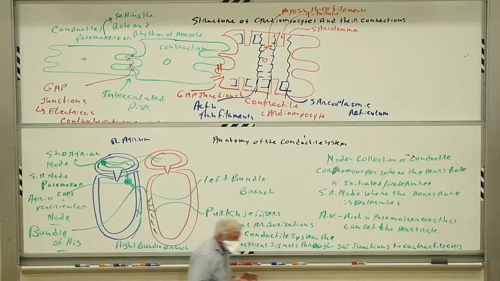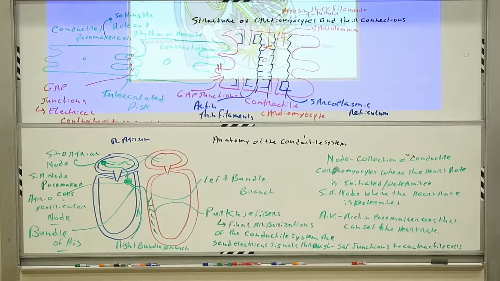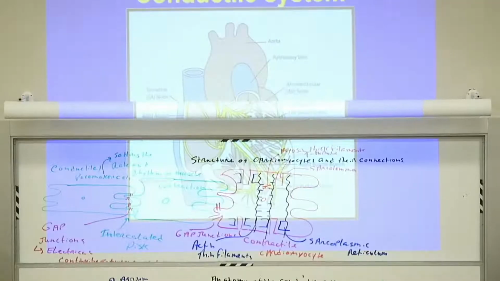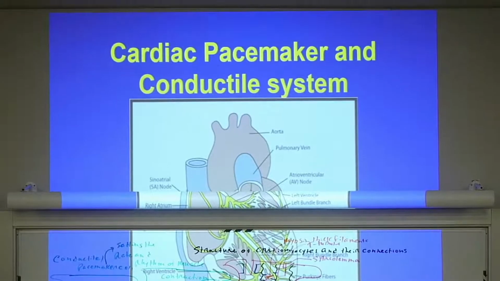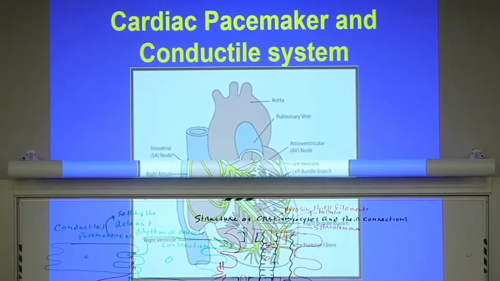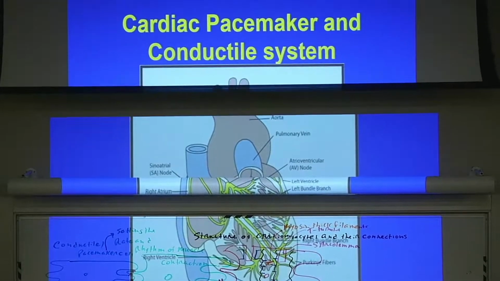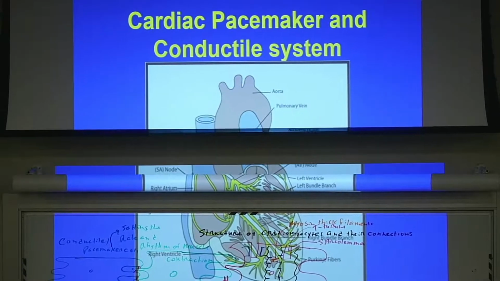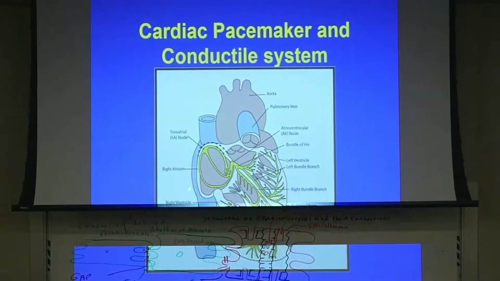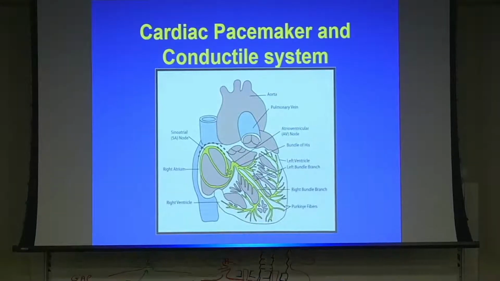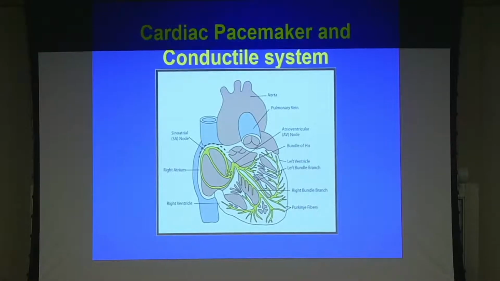Let me show you a pretty picture of this. This is a much prettier picture than I have on the board, but it's the same thing. So what we're talking about here is an anatomically correct structure. Up here, that's the SA node, and it's showing these bundles of conductal cells branching out over the atrium.